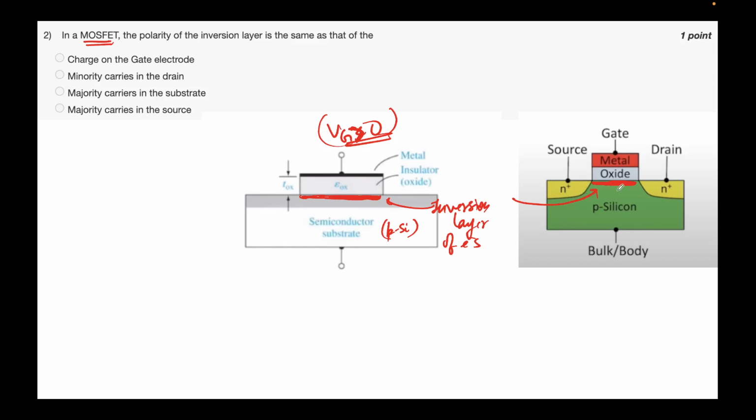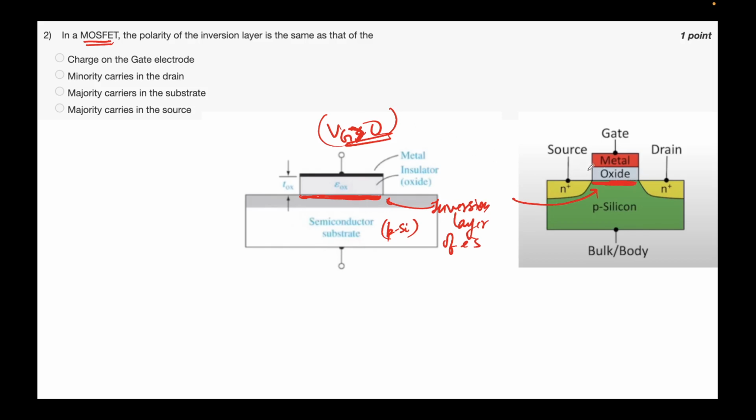These electrons are minority in the bulk, right? The polarity of the inversion layer is the same as that of minority carriers in the bulk. We want to modulate these electrons that are here. The source and drain have to be of the same polarity, otherwise they'll result in recombination, right?